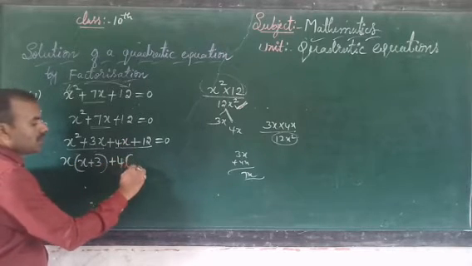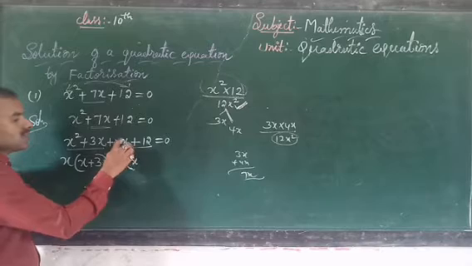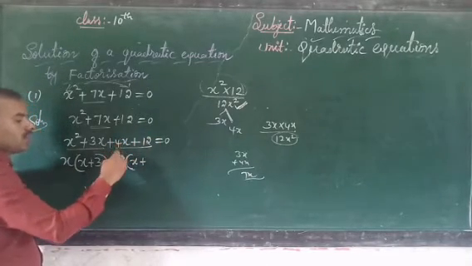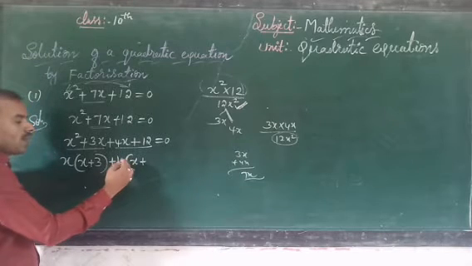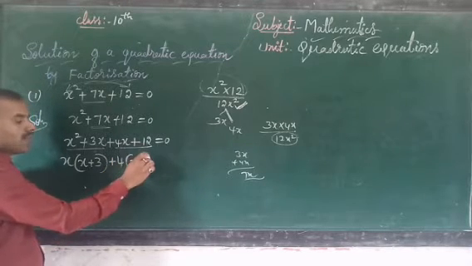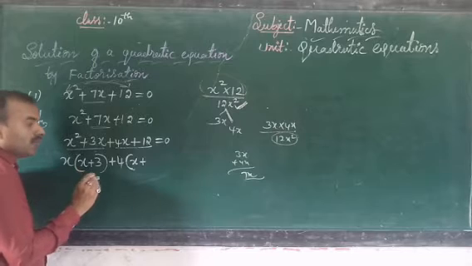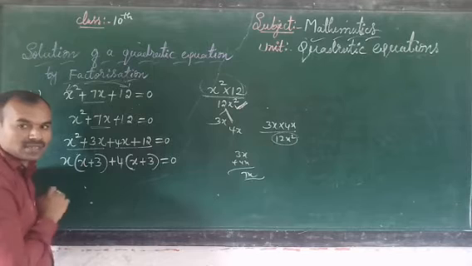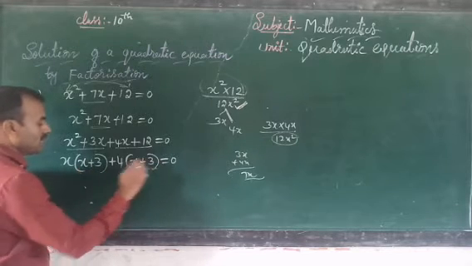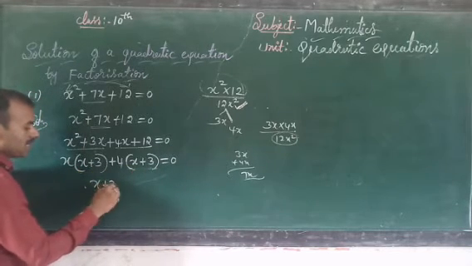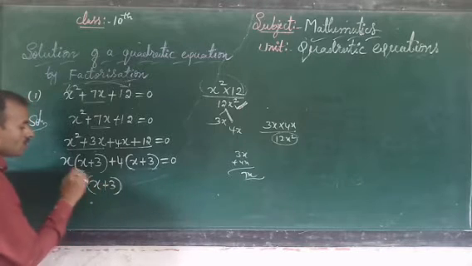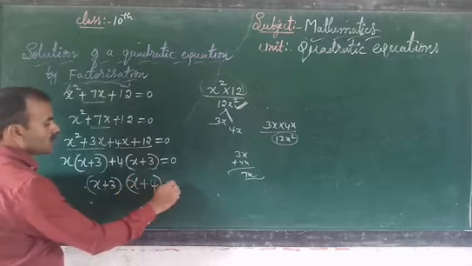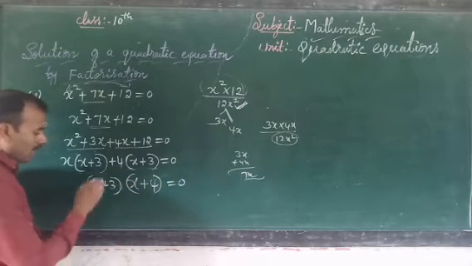The remaining term inside the bracket is x. 4 into x, 4x. Plus in this term already written 4 outside the bracket. So inside the bracket the remaining number is 4 3s are 12, isn't it? So common factor is x plus 3 and outside the bracket there is x plus 4 equals 0.